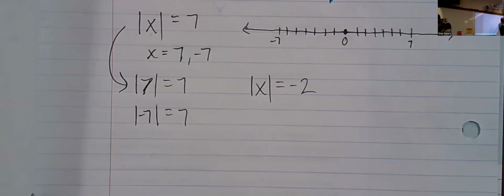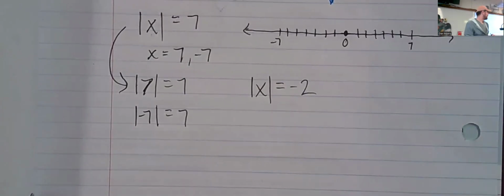How far away is -2 from 0 on the number line? 2. How far is -2 away from 0 on the number line? There is no real number such that the absolute value is equal to -2. This would be no solution.